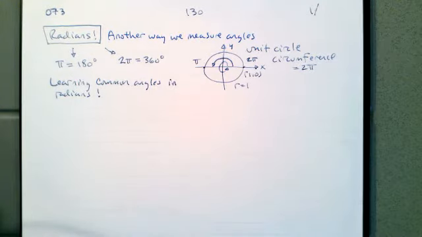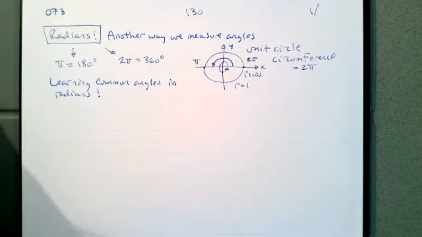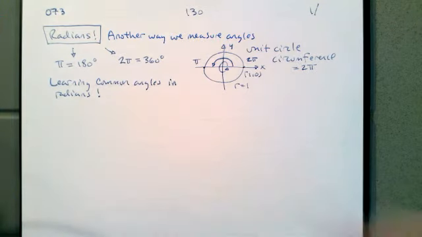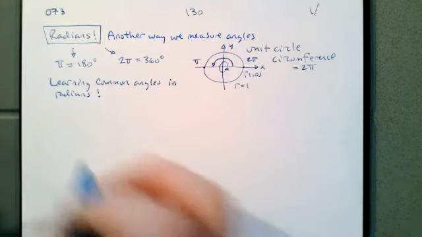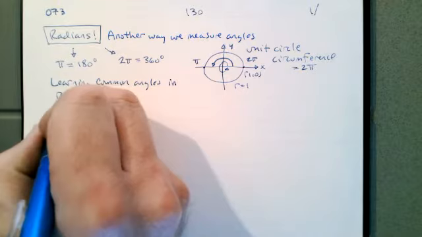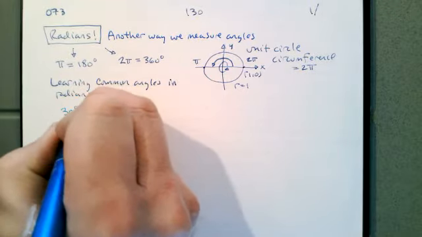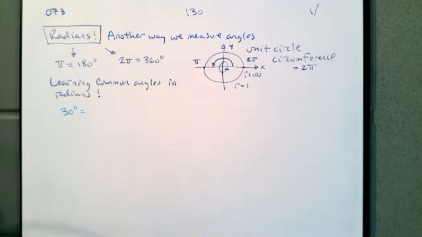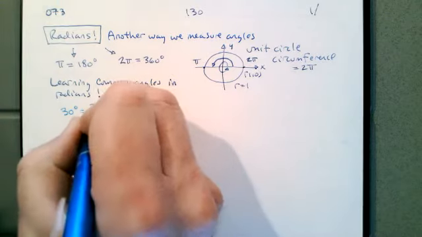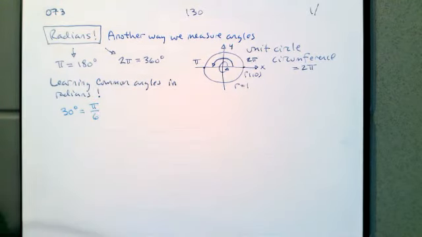We're going to learn one way to learn common angles in radians. One way that you can go about practicing this is to learn your common angles as fraction multiples of pi. So here are the three big ones. So I'm going to start actually with this one because it shows up most. 30 degrees is 180 over 6. So 30 times 6 is 180. So 30 degrees is pi over 6 radians.